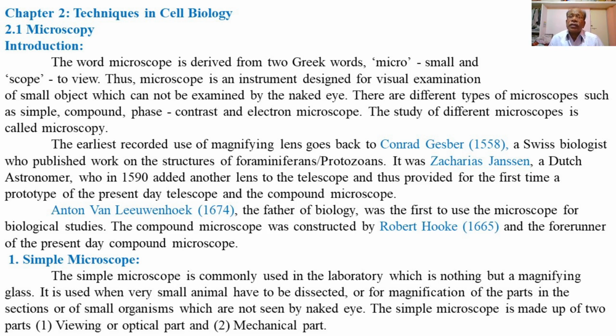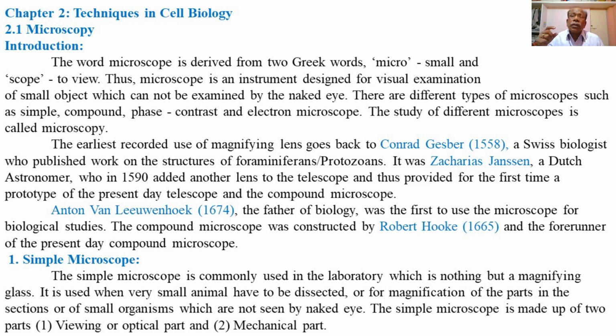It was Zacharias Janssen, a Dutch astronomer, who in 1590 added another lens to the telescope and thus provided for the first time a prototype of the present day telescope and the compound microscope.